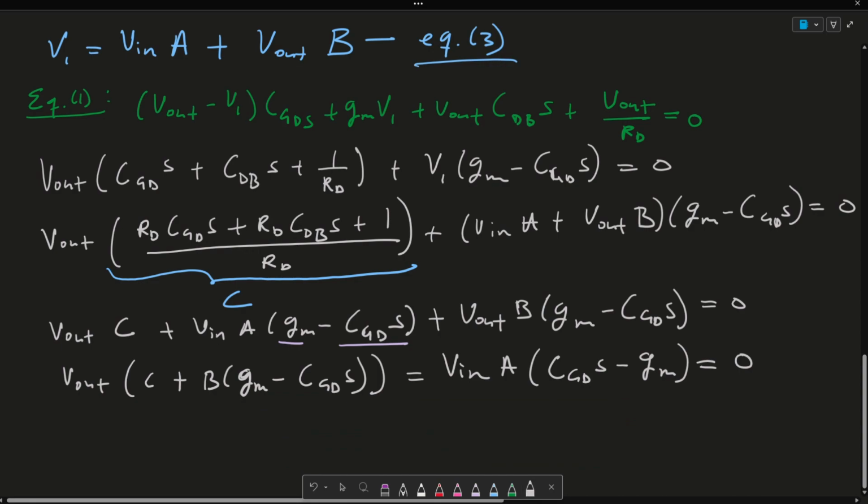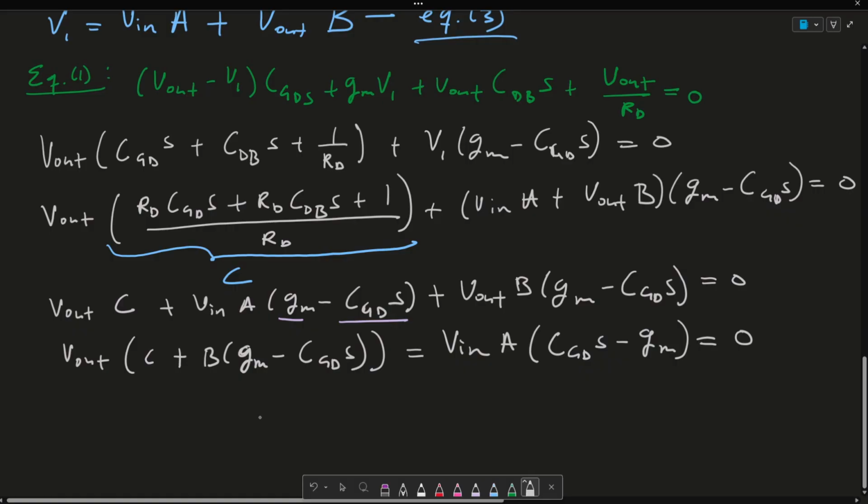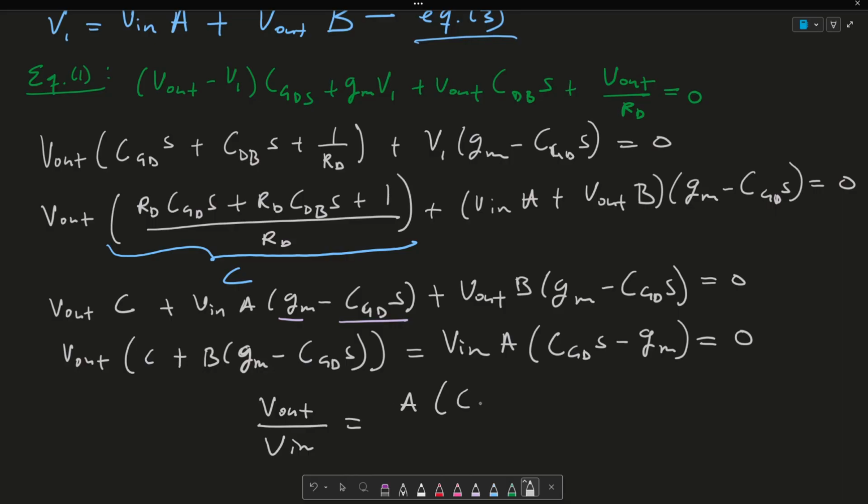So then essentially now what I get is that Vout over Vin, as you can see, will be A times CGDS minus GM over C plus B times GM minus CGDS.